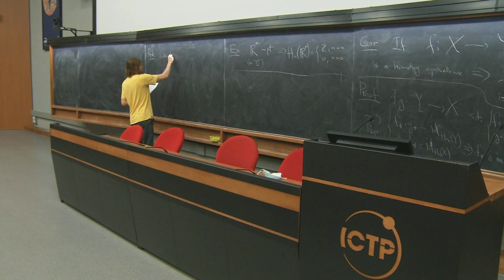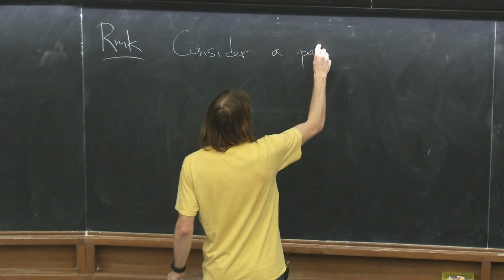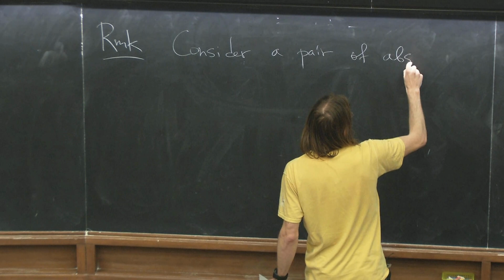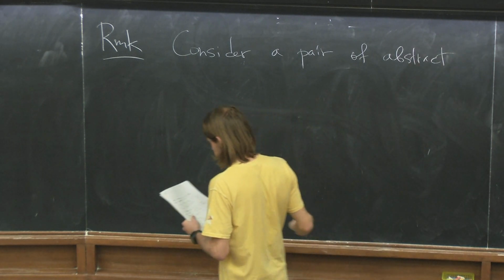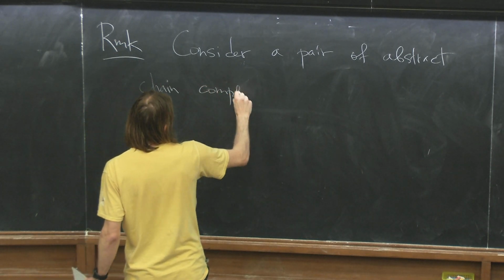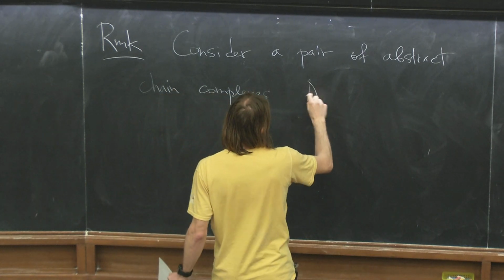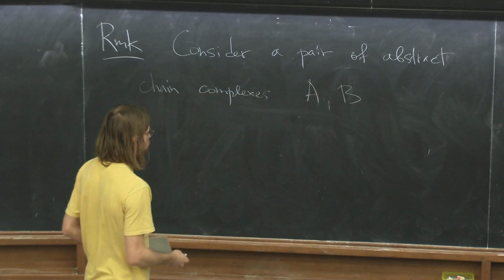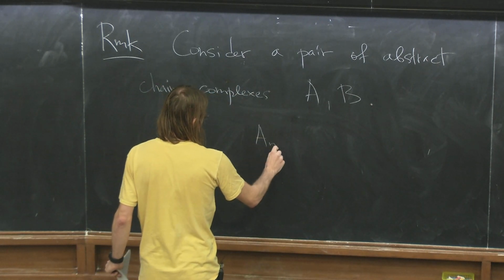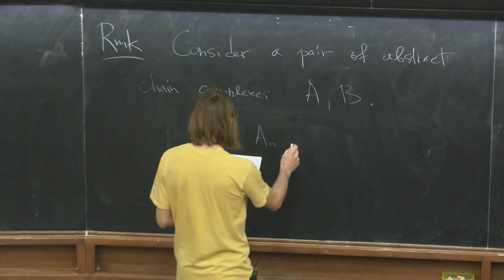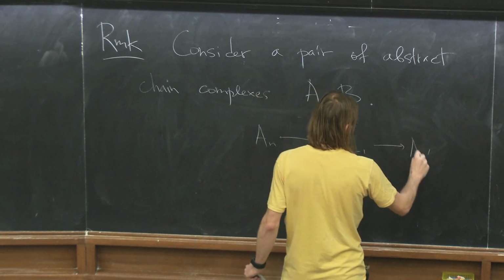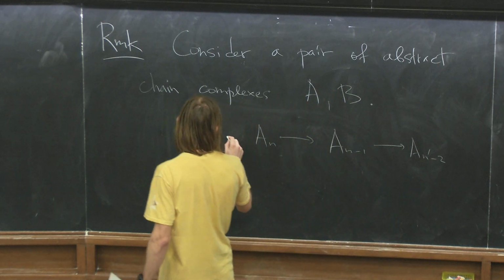So one can now consider a pair of arbitrary abstract chain complexes A and B. What is a chain complex A? This is the following data: we have a sequence of abelian groups A_n.